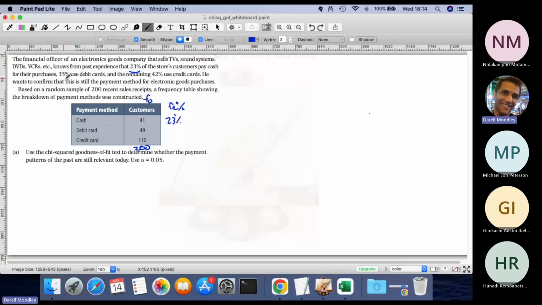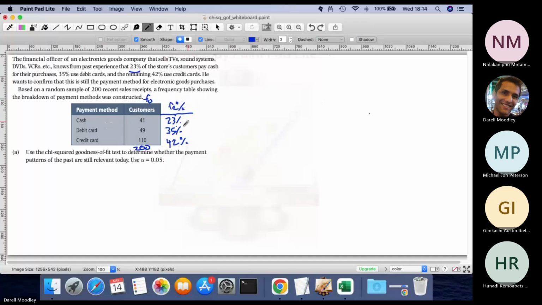For debit cards, it was 35%. And then last is credit card, it is 42%. All right, this is what the expected frequency was before.